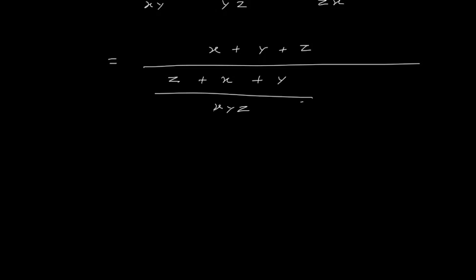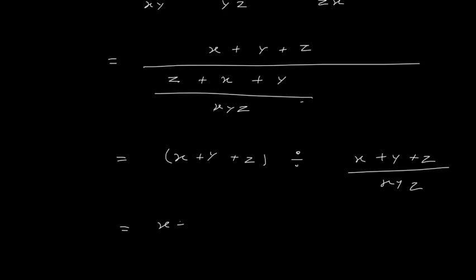If you want, you can write that step. Now here it is x plus y plus z, and then we have divide by (x plus y plus z) upon xyz. This division will convert into multiplication, and here we have xyz divided by x plus y plus z.